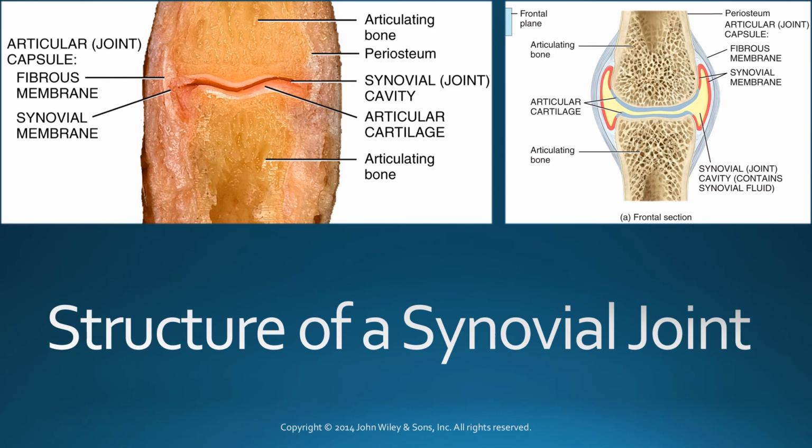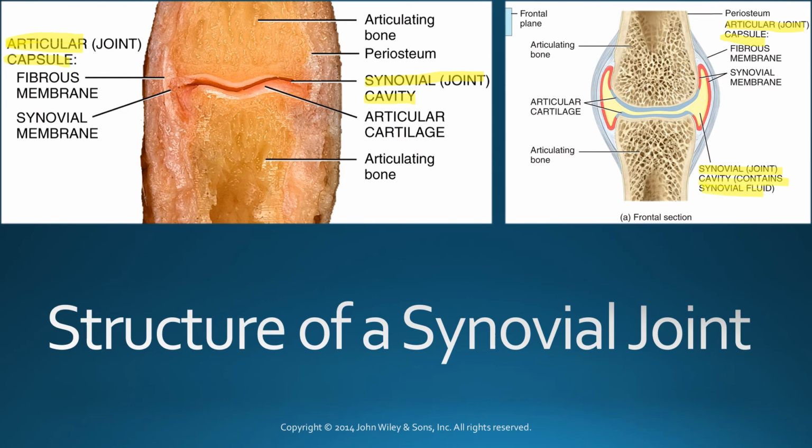A sleeve-like articular capsule surrounds the synovial joint, and this encloses the synovial cavity right here.